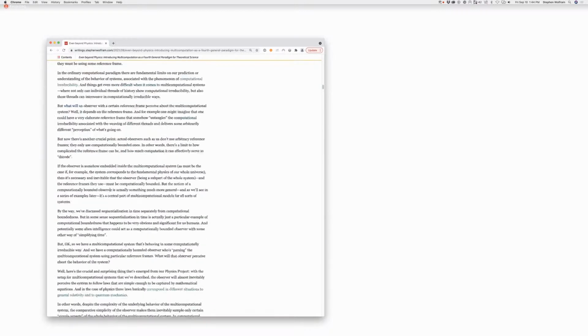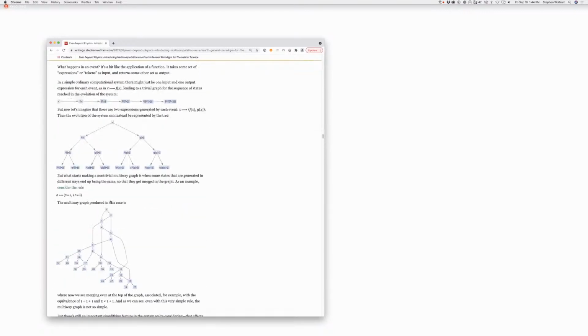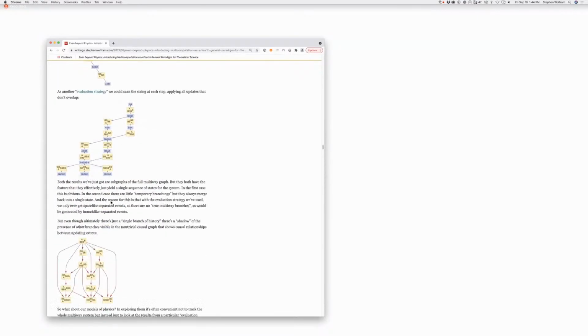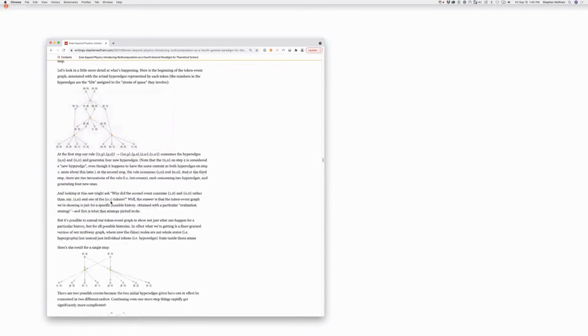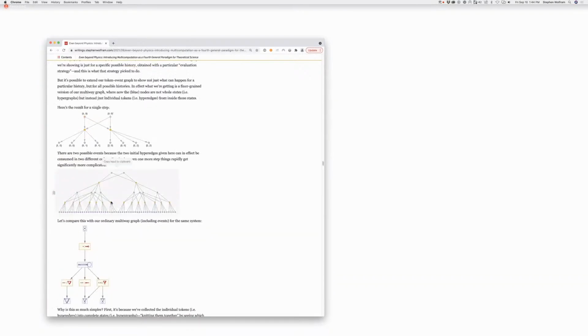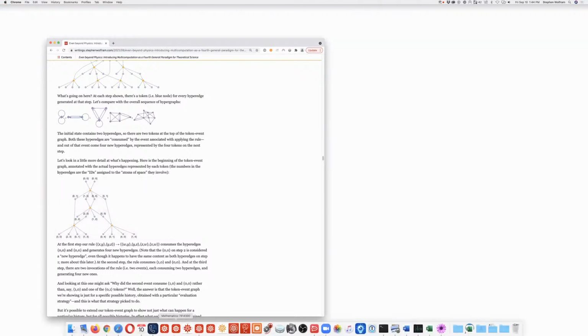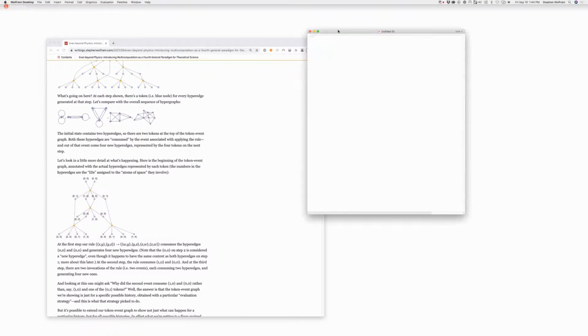Okay, so what does this mean concretely? What I've been interested in is, what's the right model of computation in our environment for something like this?